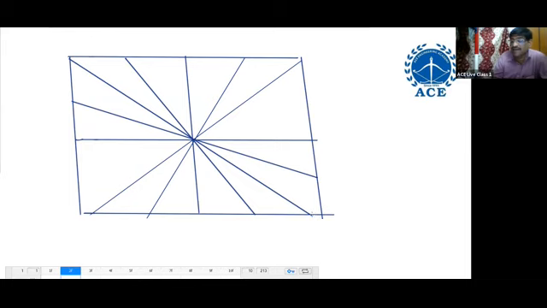Actually, a total of 360 lines will be there. This is 0 degrees, as well as plus or minus 360 degrees.